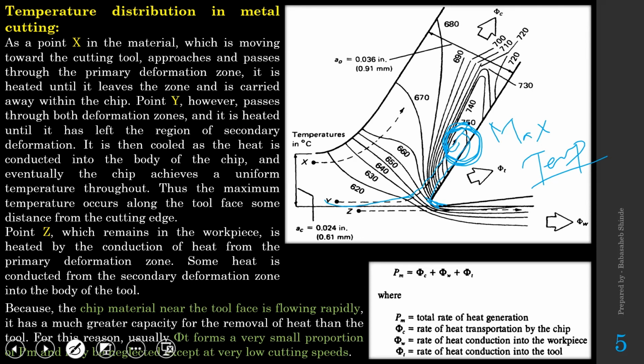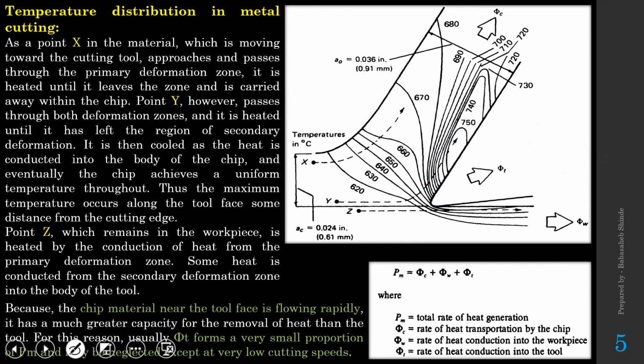So it is exposed to two heat sources, in the primary deformation zone and in the secondary deformation zone. So the maximum temperature you will get is at a certain distance from the cutting edge along the rake face. Okay, remember this one. There could be an MCQ on this one also.